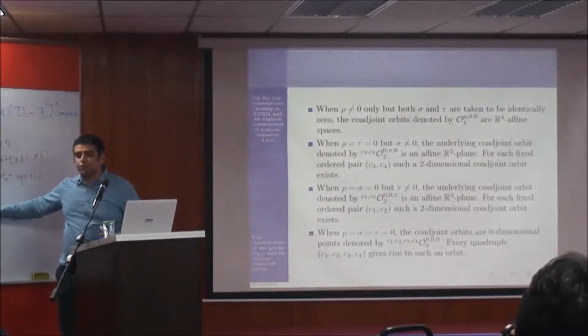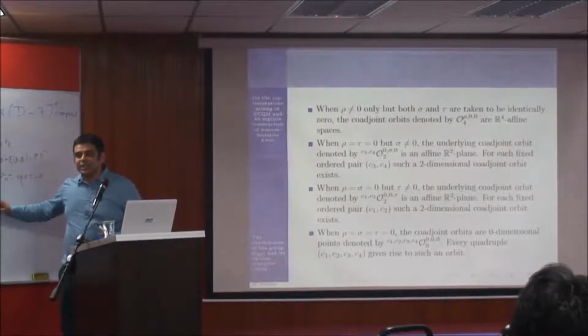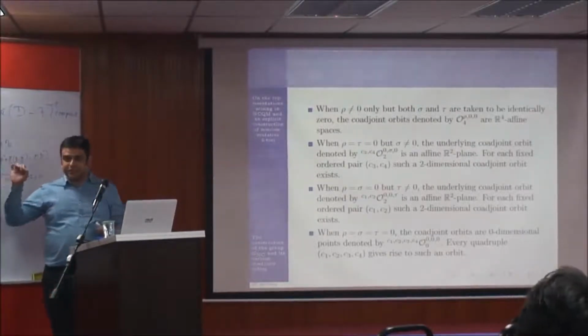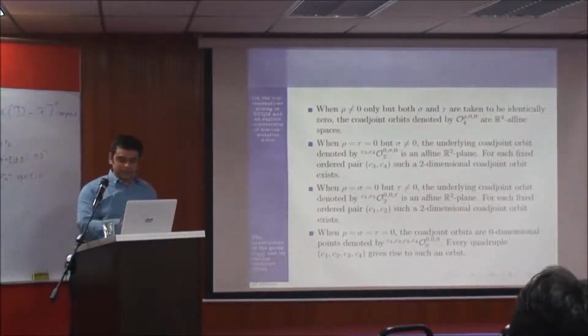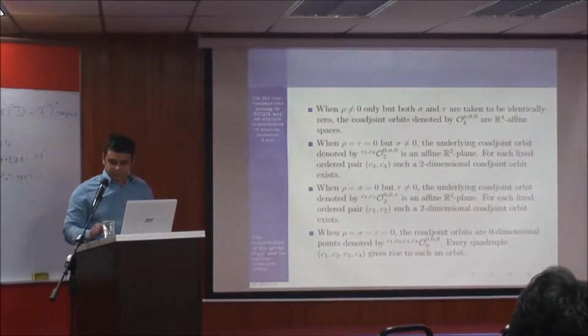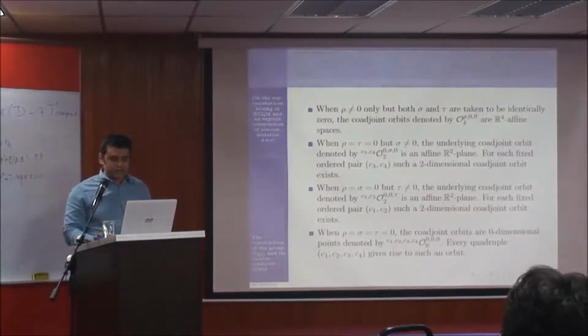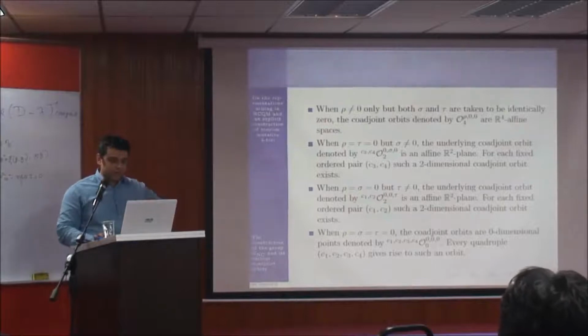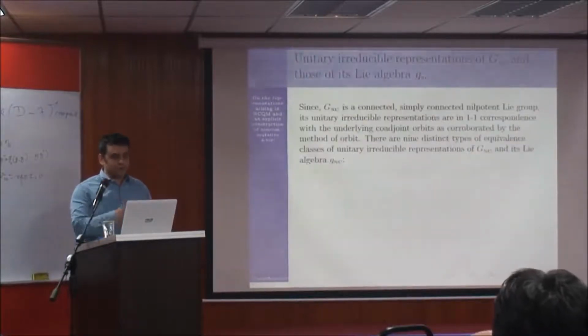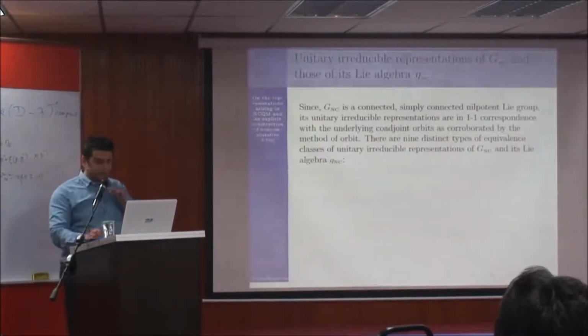If you take the R4 plane going through the origin, then the coadjoint orbits are just zero-dimensional points there. Okay, this was the classification of the coadjoint orbits.